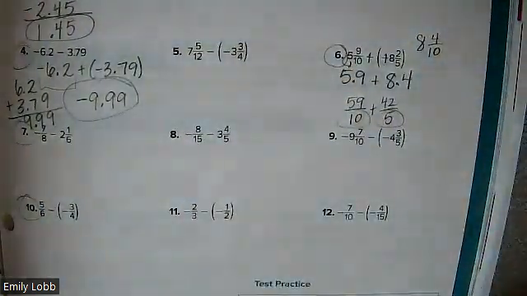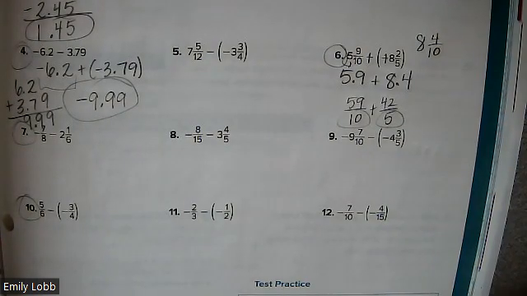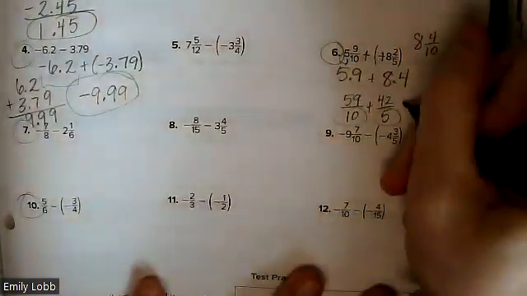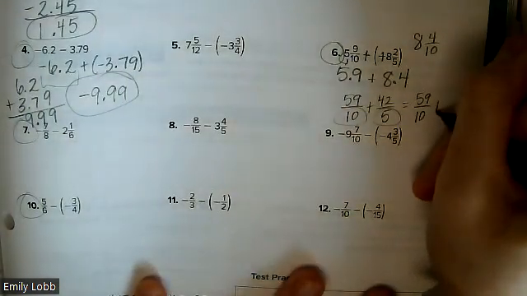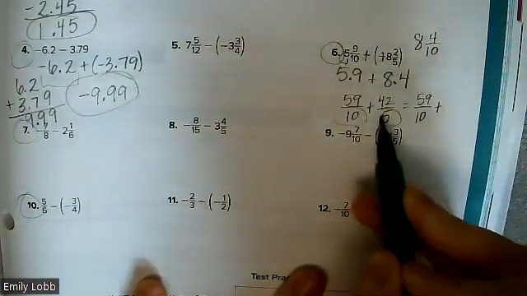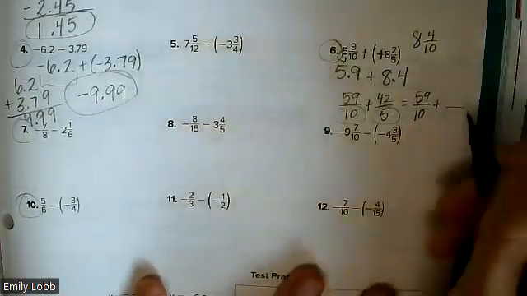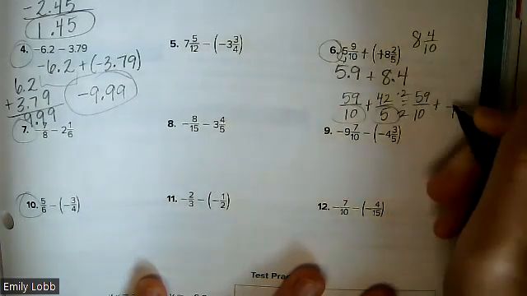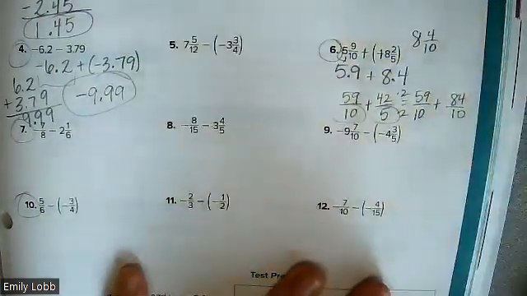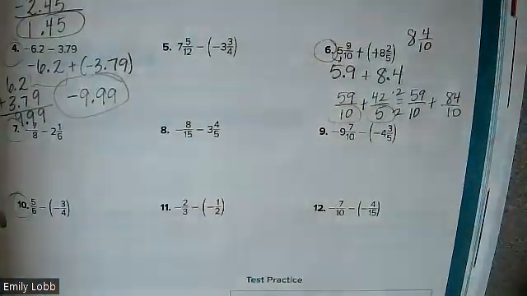What's a common multiple between 10 and 5? Will they both go into 10? Yes, so I can keep my first the same and add. In order to change this to 10, I would have to multiply it by 2. So that's what I have to do to the top. So I have 84 tenths and 59 tenths.